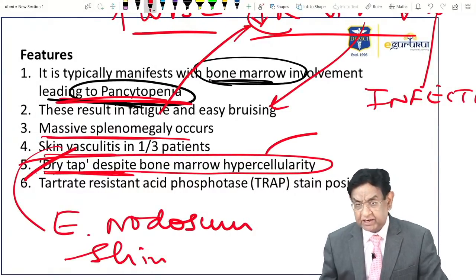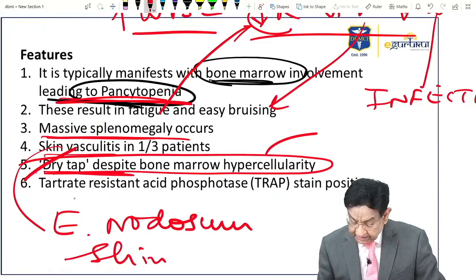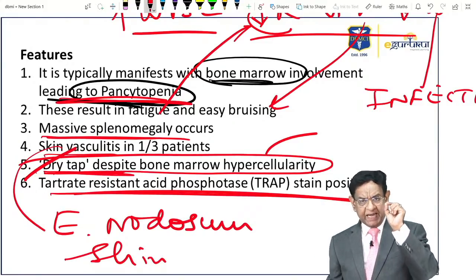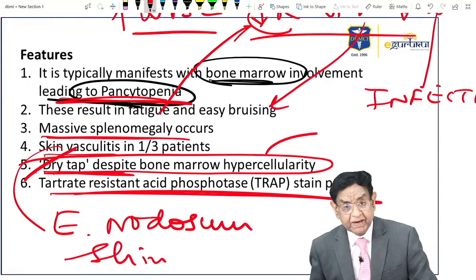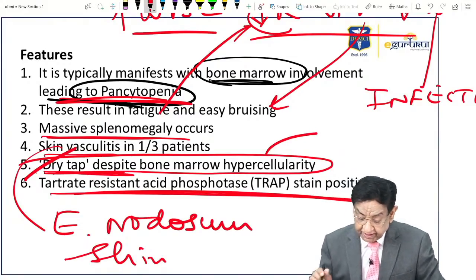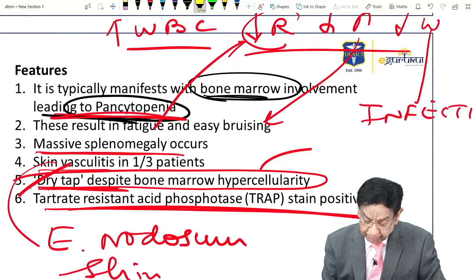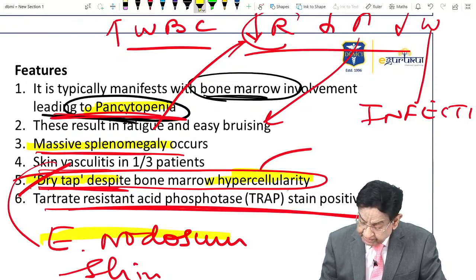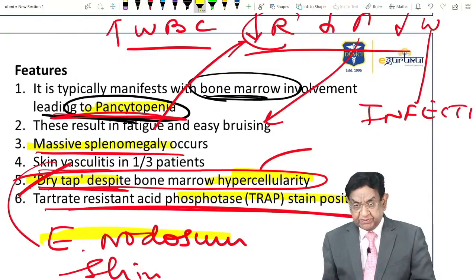And hypercellular marrow, and classically they stain with tartrate. TRAP positivity is the hallmark of hairy cell leukemia. So friends, the keywords to remember are pancytopenia, massive splenomegaly, erythema nodosum, dry tap, hypercellular marrow, and TRAP positivity.